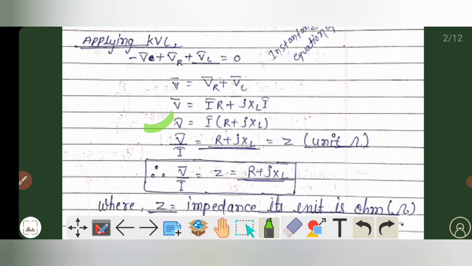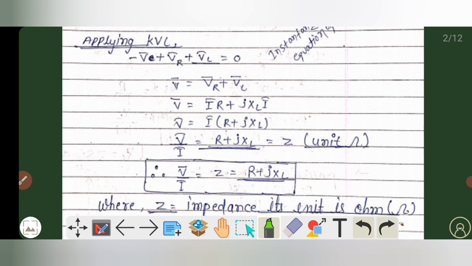If we send I to the left-hand side, then V by I becomes equal to R plus jXL. As we know, V by I, voltage by current, is a resistance-like quantity, and in this case we denote it by Z, that is impedance. So Z equals R plus jXL.